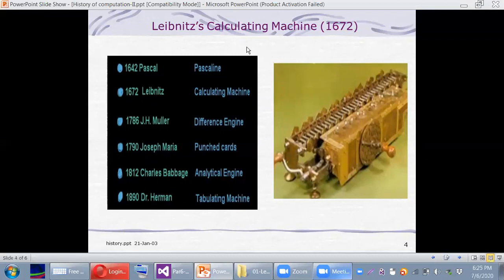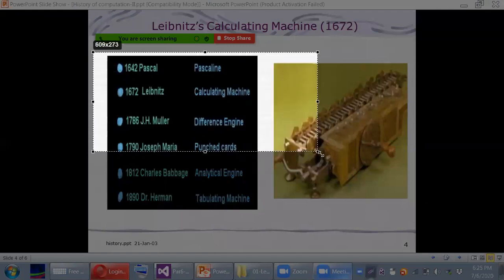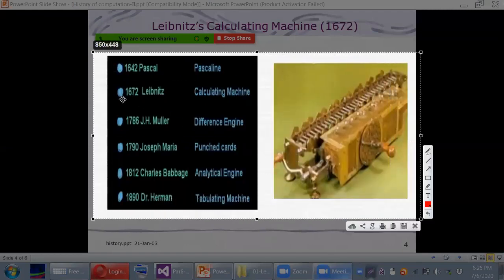So in 1672, let me highlight it. So in 1672, a scientist named Leibniz invented another mechanical computing device called the calculating machine.